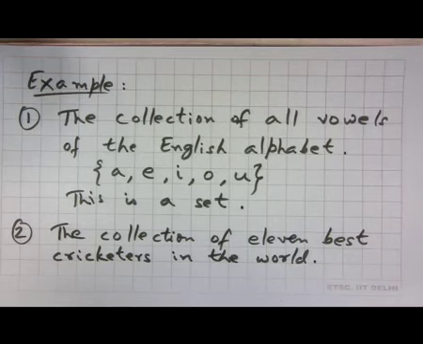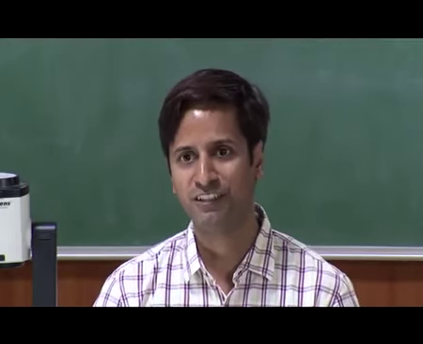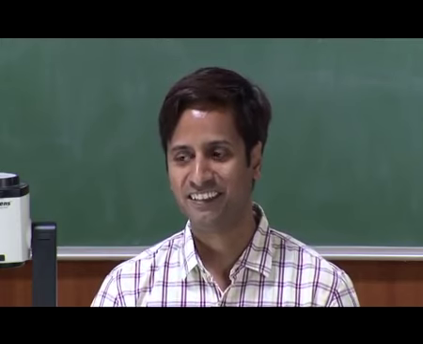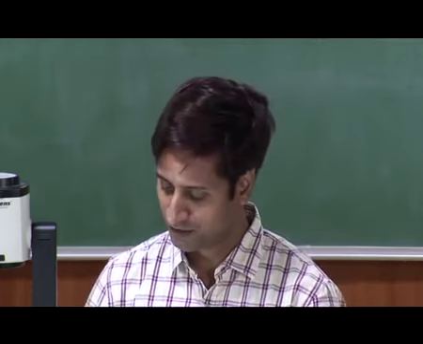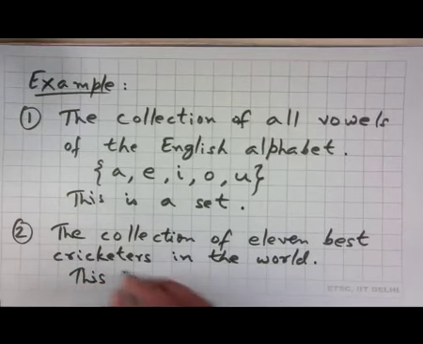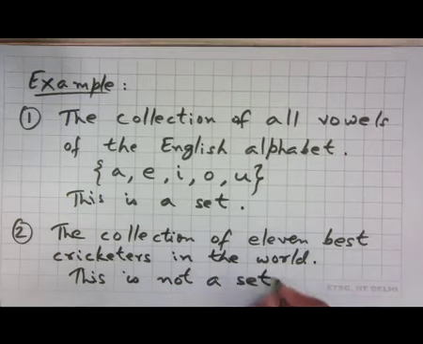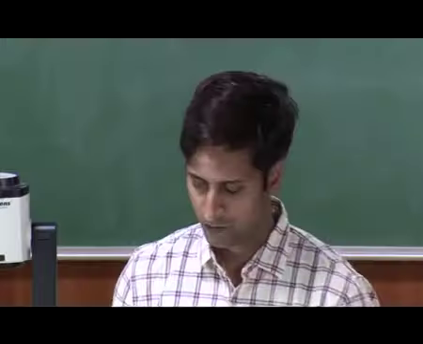This is not a well defined collection, because it depends on people's perspective who is a better cricketer. So, this will not be a set. This is not a set. Okay, we will see many examples of sets in due course.